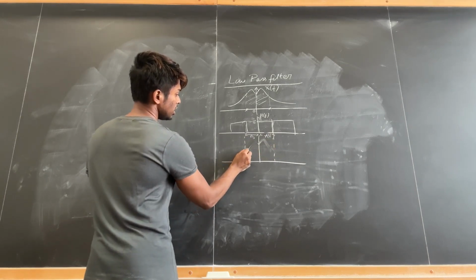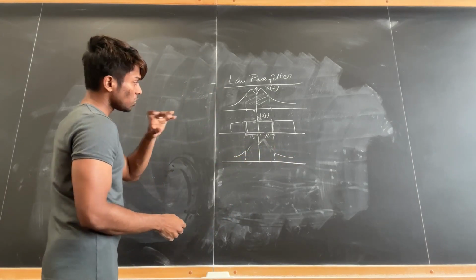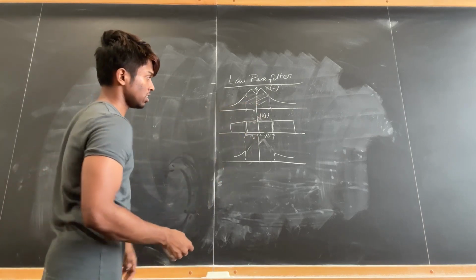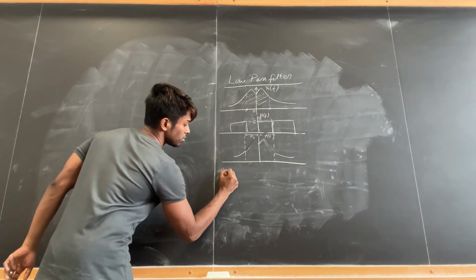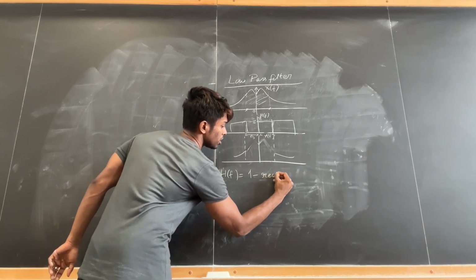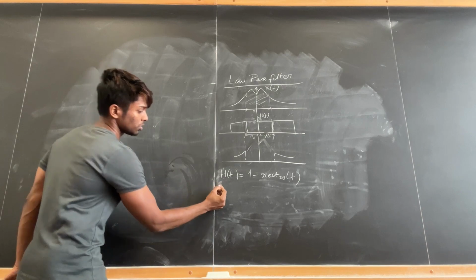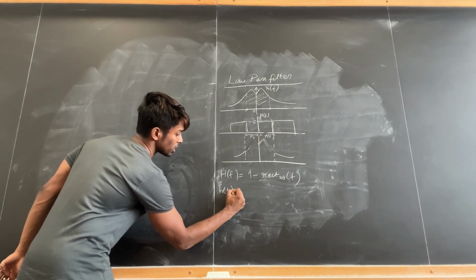So this particular filter only allows those higher frequency components. In that case, H(f) can be thought of as 1 minus rect(f/2B).